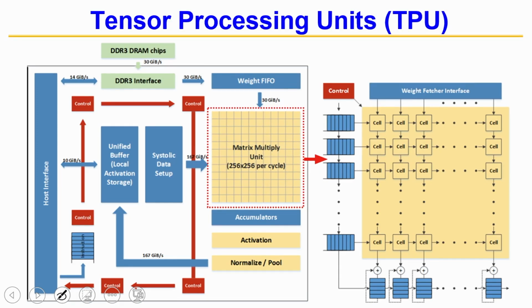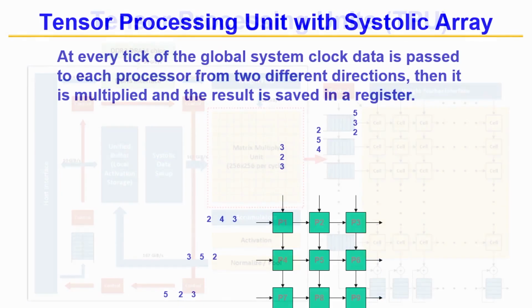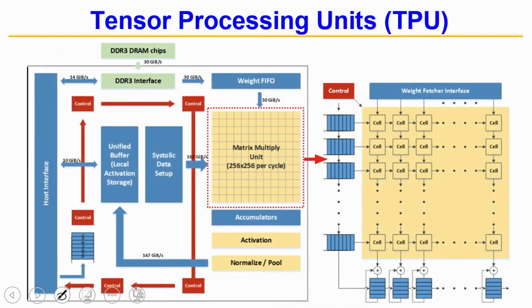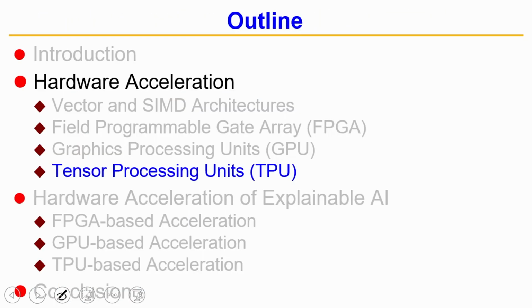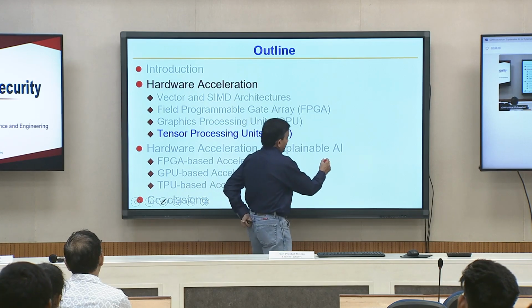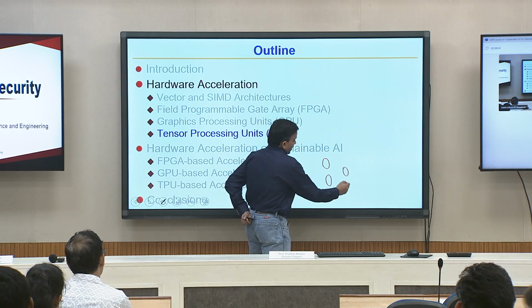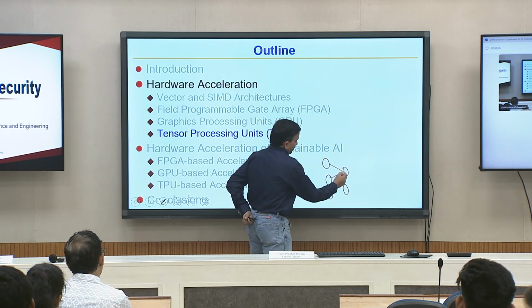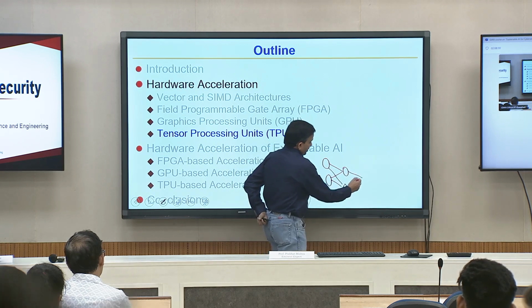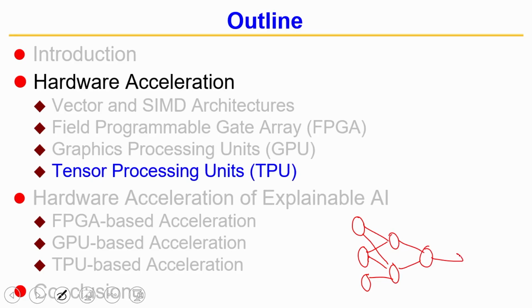Now, this got popularity because of the idea of how your neural network is. If you recall, we talked about different nodes and multiple layers, and some of them are connected differently, and then there are nodes, and finally, the prediction.